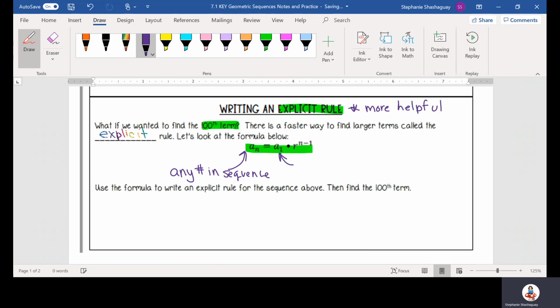Our a sub 1 is our first term in the sequence. If your sequence starts with the number 1, then it would be 1. If your sequence starts with the number 3, then it would be 3. You need to know your first term to use your explicit rule. And then again, R is our common ratio.